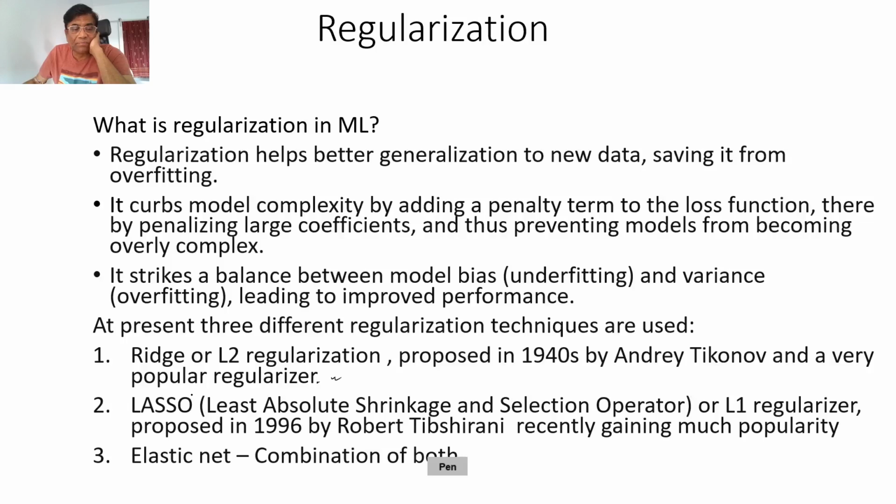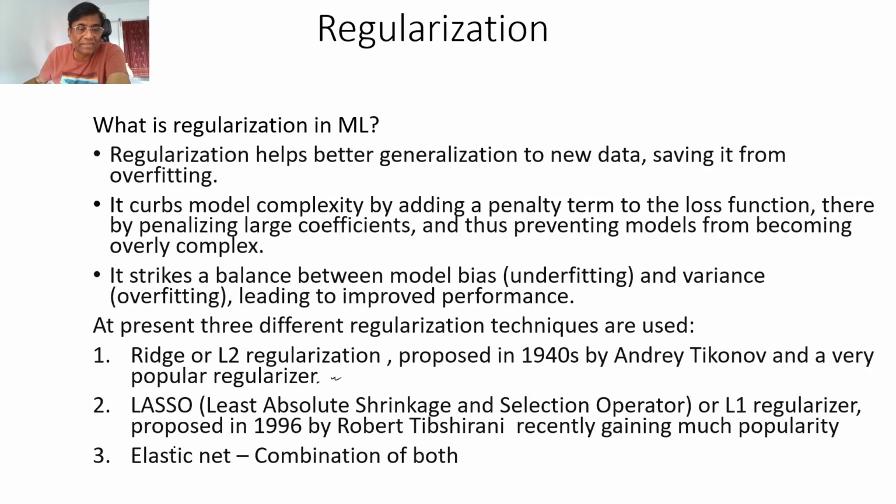It is completely iterative in method, and the optimization requires a lot of iterative methods, which are computationally not very friendly, but nevertheless, from 1996 onward, the Lasso concept is picking up, propagated by Robert Tibshirani, and it is recently gaining momentum because we have computational muscle power nowadays.